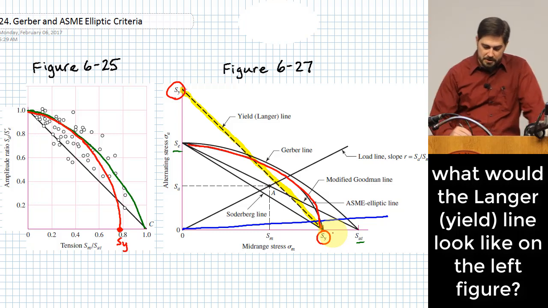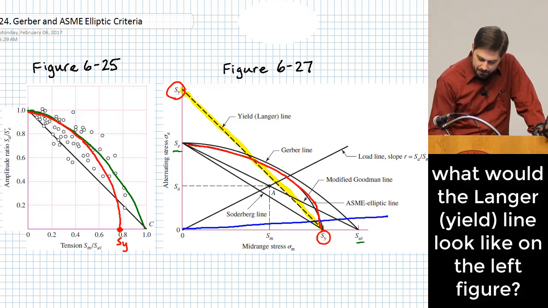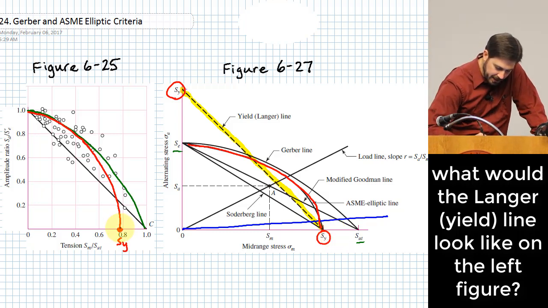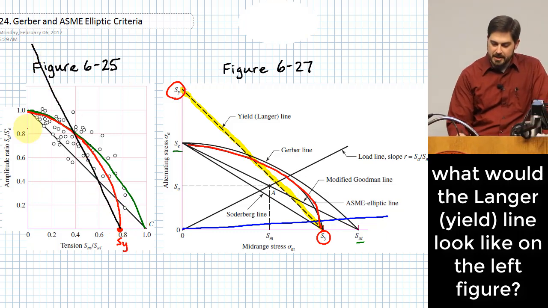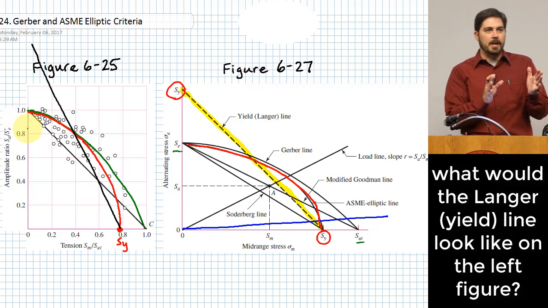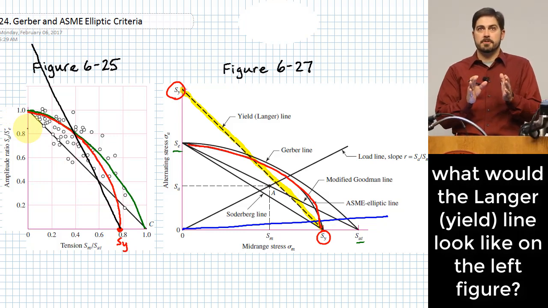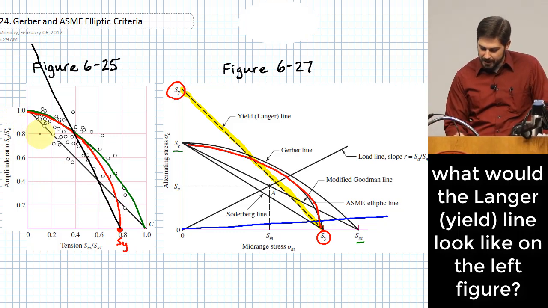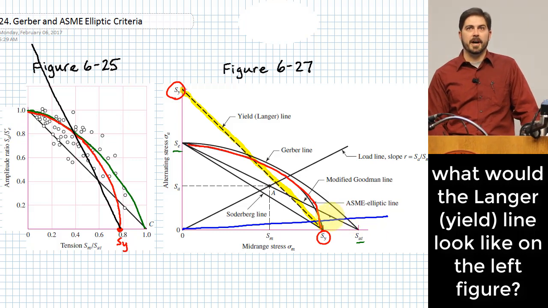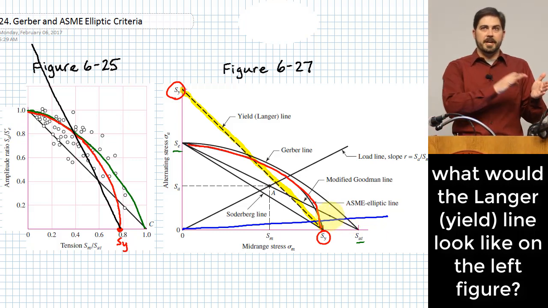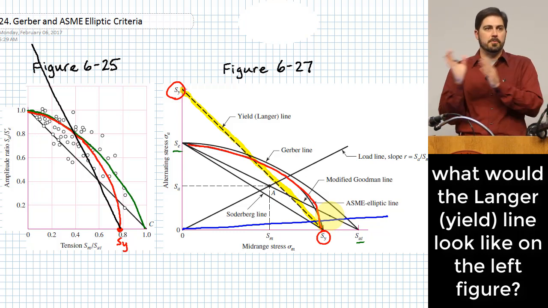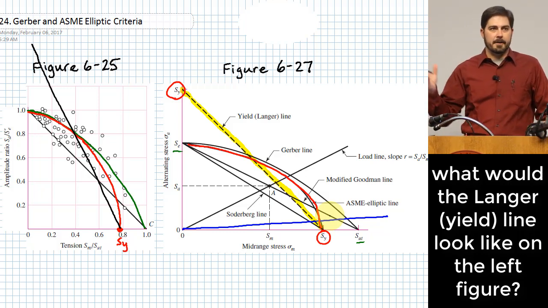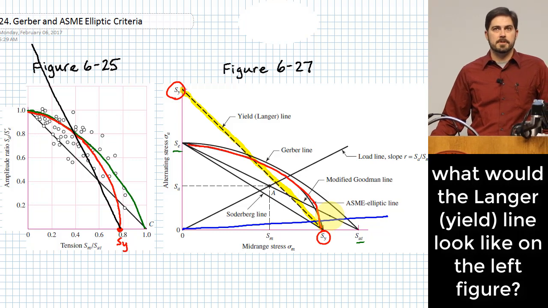I mean, what I could do, I can say very generally, it would probably be something kind of like this, right? Because these are the same things, it's just the scales are normalized relative to certain strength values. The figure on the left is the same as the figure on the right, the only difference being that on the left we have the scales normalized to strength values, whereas on the right they are just in absolute strength numbers. Does that make sense? So anyway.